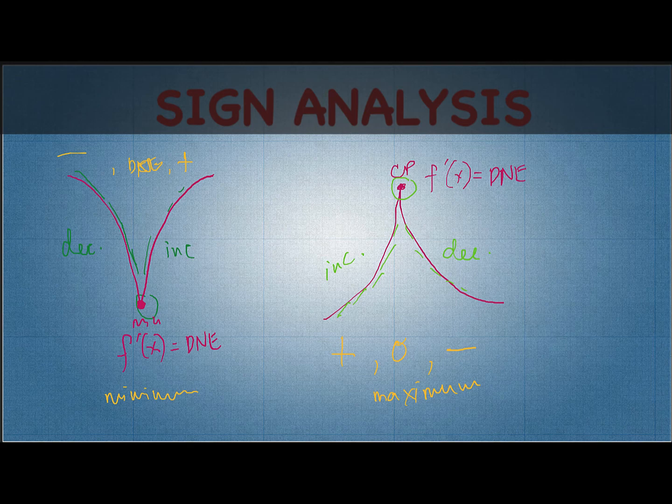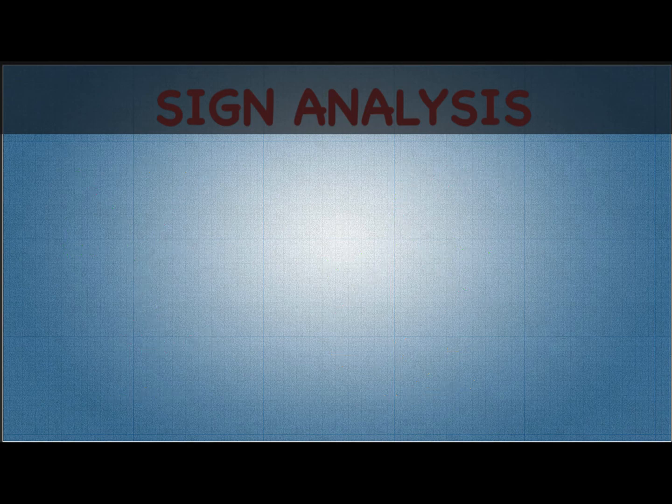The last sign analysis that I would like to show you is also the case of a function in which the derivative does not exist. For example, I have shown this graph before in the previous video. This is our critical point, and if this is the case, we have a corner; the derivative does not exist. The behavior of the tangent lines to the left of the given critical point is increasing.